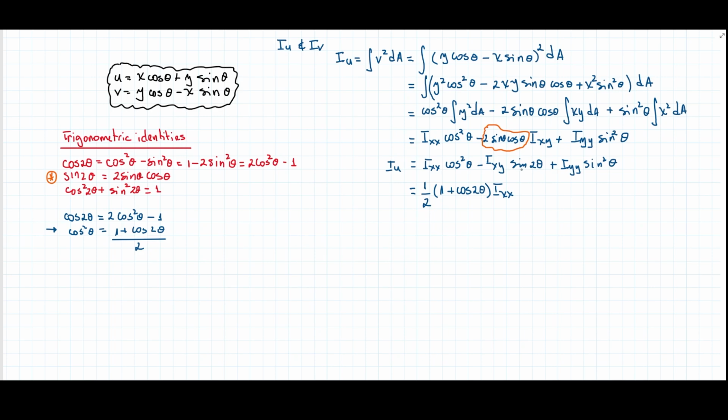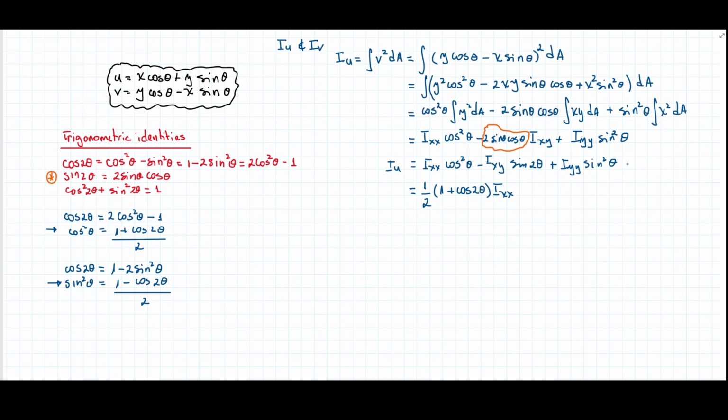Now, what is going to be this sine square of theta? Well, I can work it out also with the cosine. I know that the cosine of twice the angle equals 1 minus 2 times the sine square of theta. Then it means that the sine square of theta is going to be 1 minus the cosine of this one here, divided by 2.